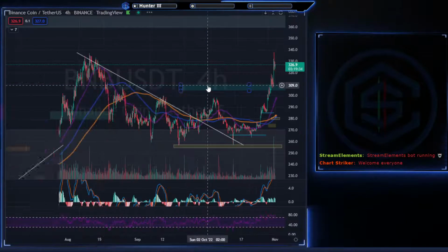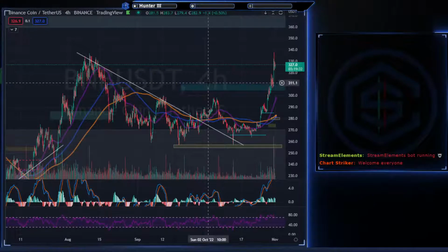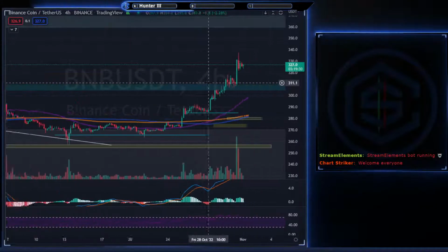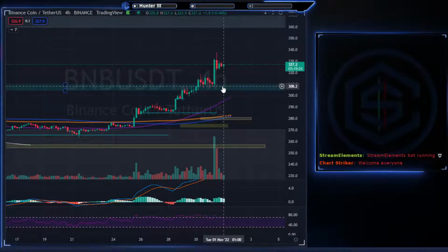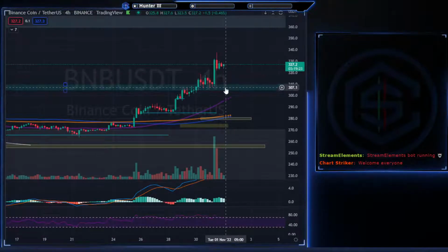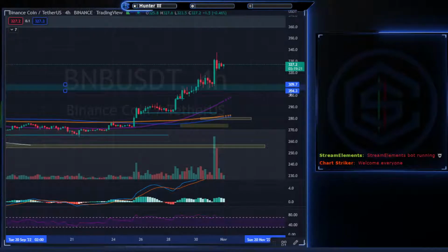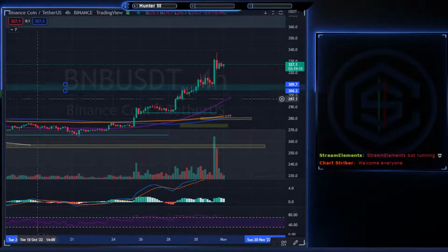If you guys wonder about support, where we could find support now, it's all the way around $311 if we start pulling back, okay? 310, 300, let's say this box, 304, 309, like old resistance levels.